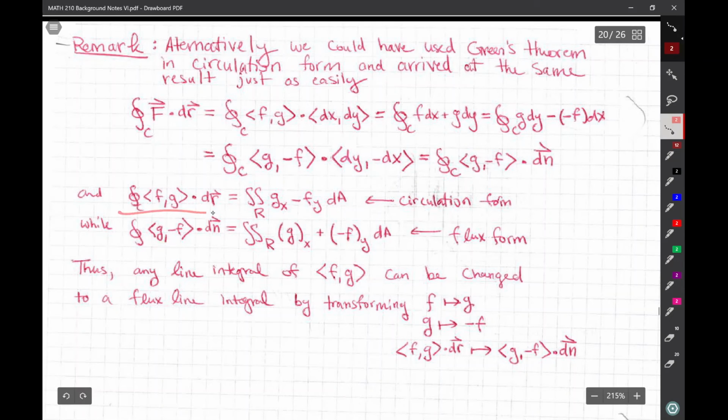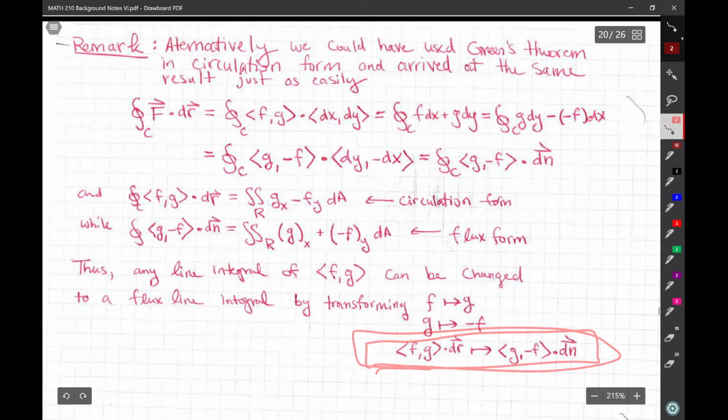So this here is equal to this here. If we switch out F and G and multiply one of them by -1, then the line integral of F can be written as the flux integral of that vector field where F's components are switched out. And here's the summary of that statement.